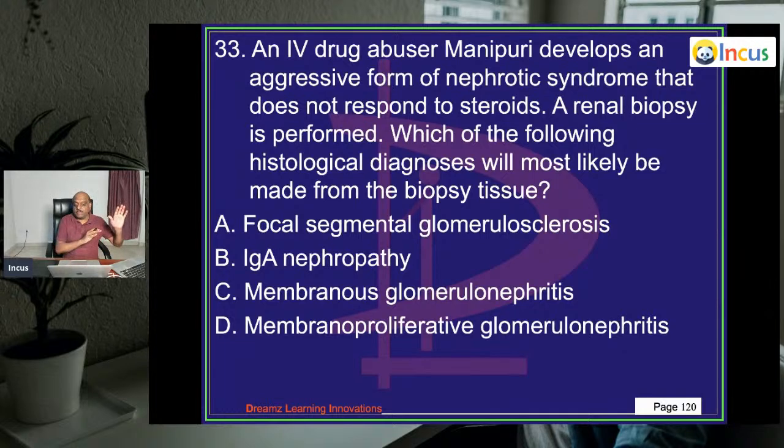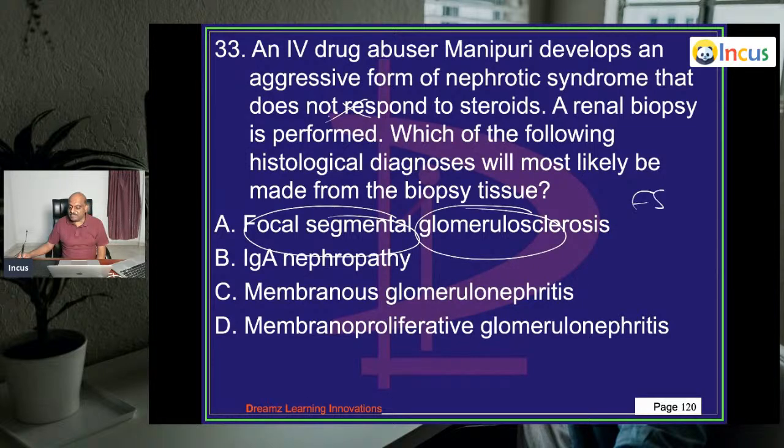IV drug abuser Manipuri landed with nephrotic syndrome. It is not responding to steroids. So it is the focal segmental glomerulosclerosis, FSGS.